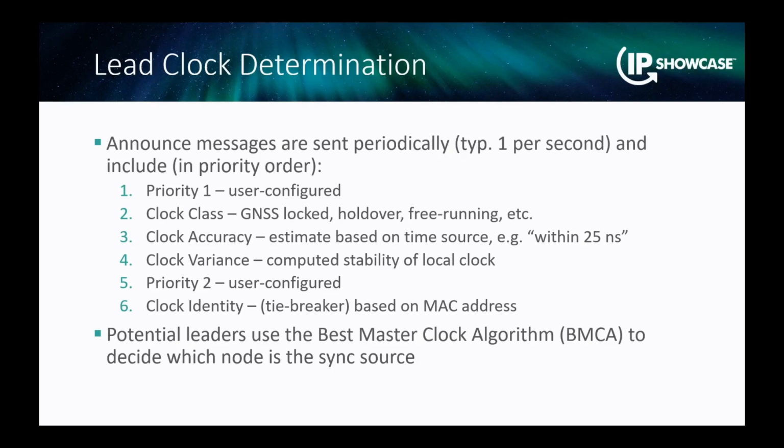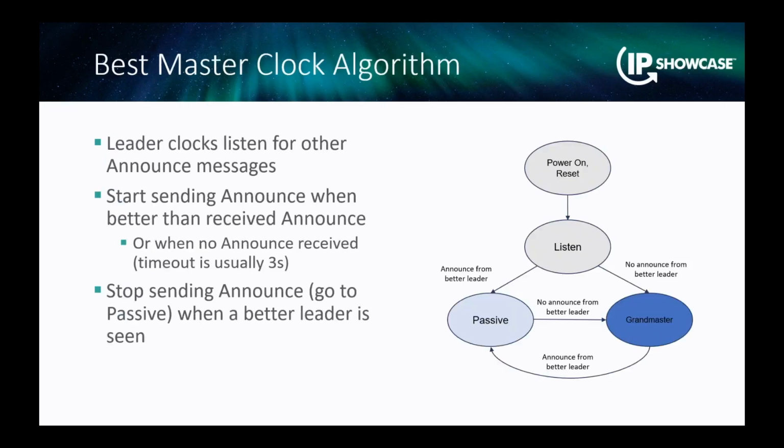That algorithm is called the best master clock algorithm, or the BMCA. And a little state machine for the BMCA basically shows like this. When a master starts up, it's going to start listening for announce messages. And if it doesn't see any announce messages at all, or if it sees them from an existing GM that's got a worse, lower quality than it does, it will take over.